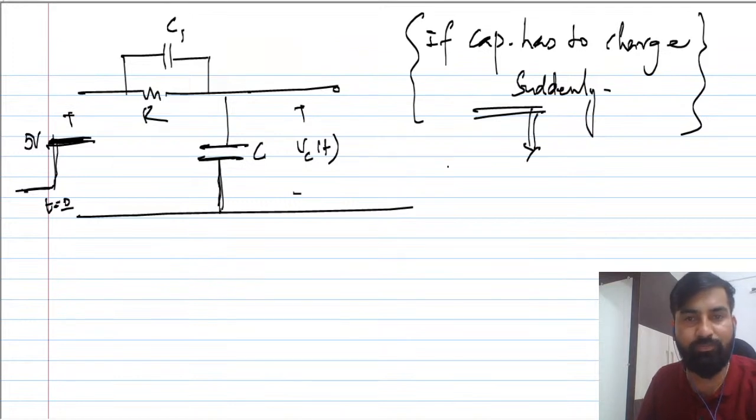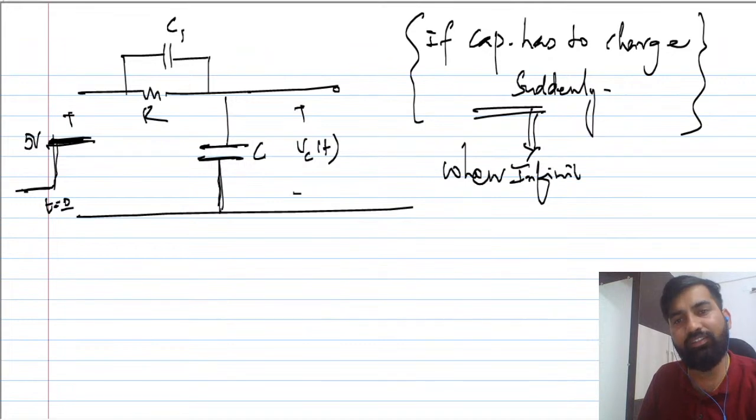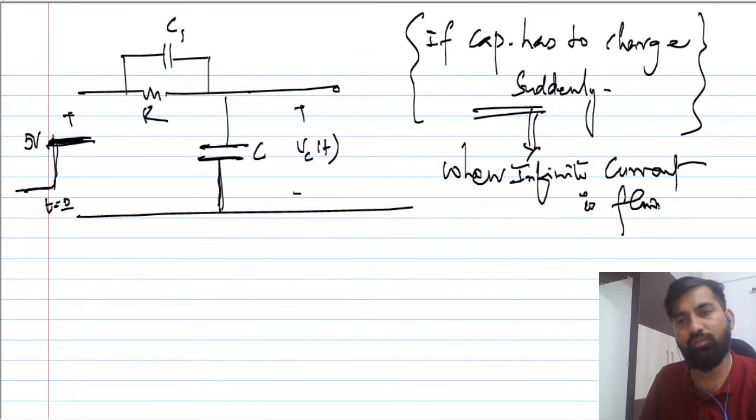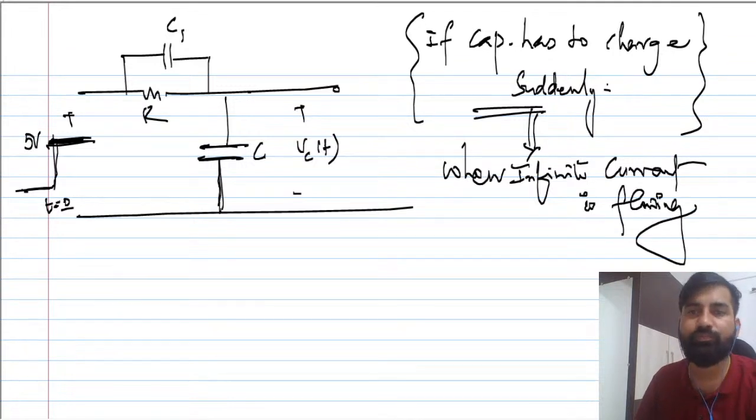So what will happen here is that capacitor has to change charge suddenly or change its voltage suddenly. How it is possible? When infinite current is flowing. Capacitor has to change its initial voltage suddenly, because initial voltage across these two capacitors is 0, right?